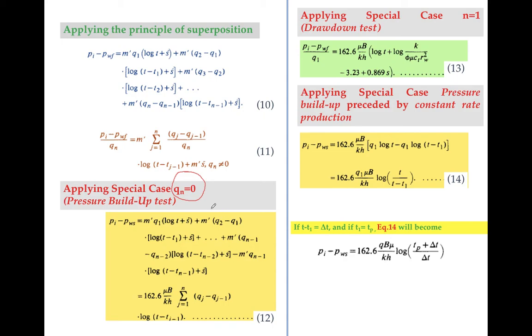There are different rates, q1, q2 minus q1, and at last qn is absent. As you can see in equation 10, there is qn here. So you will only have minus q(n-1), and there is no qn now because the last rate is 0. So this equation takes this form.